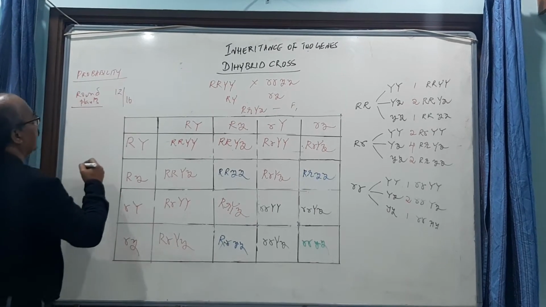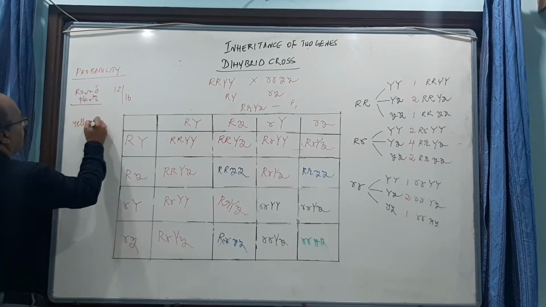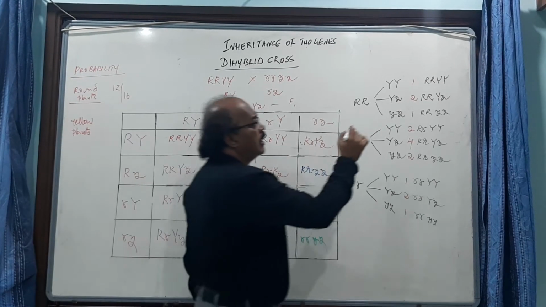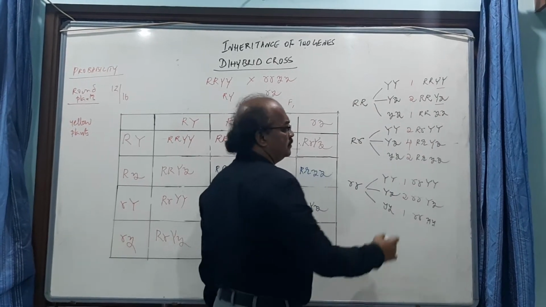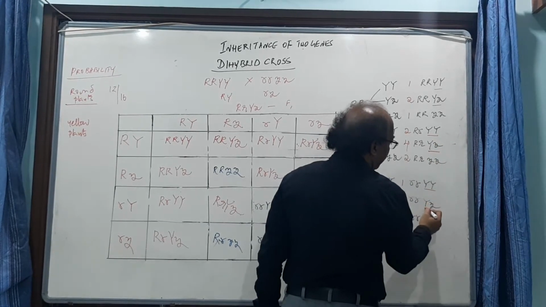How many are yellow plants? Yellow, capital Y also yellow, capital Y small y also yellow. Capital Y, capital Y, capital Y small y, capital Y, capital Y, capital Y small y.